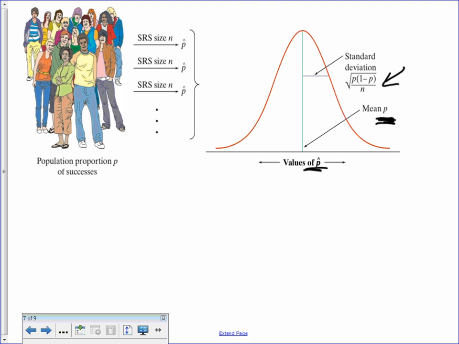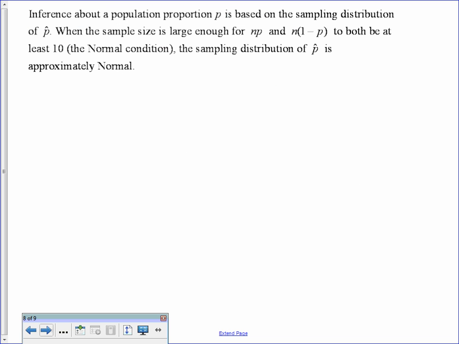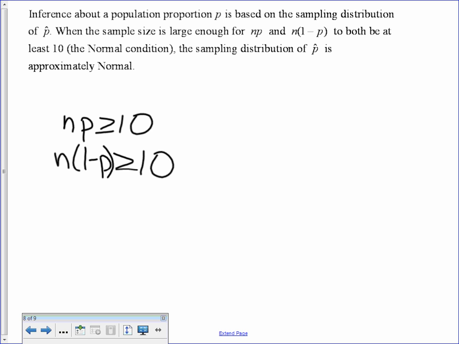Which is interesting because if you also remember, we made the rule that if n times p was greater than or equal to 10, that is, if the number of successes and the number of failures in a binomial were both at least 10, then our distribution became approximately normal.